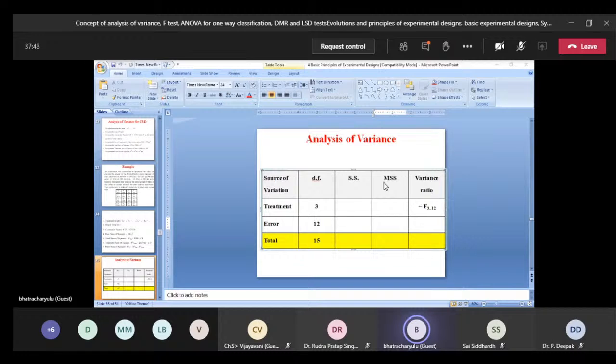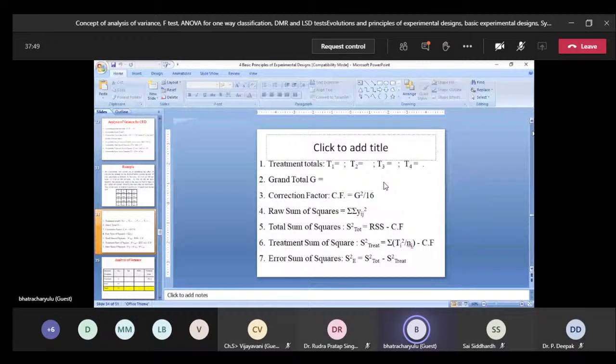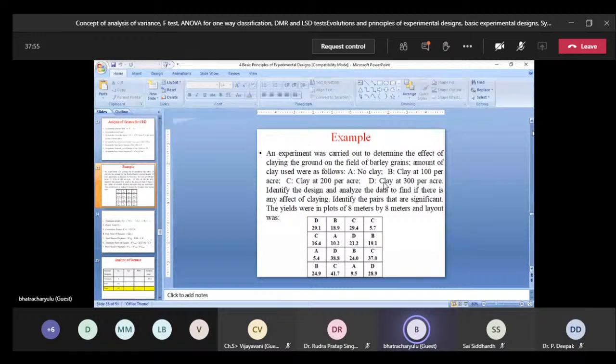When you are using software, either Design Expert, Statistica, SysStat, R programming, Python, or SPSS, this is a completely randomized design for which I want to carry out the analysis. This is the data.